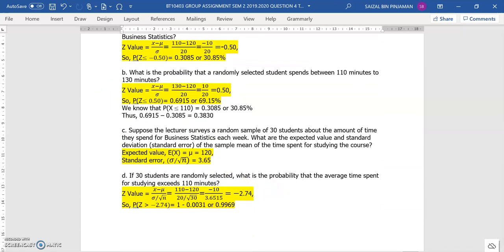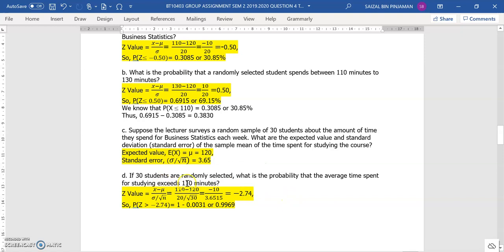If we wanted to answer question A and B, all we have to do is directly translate that the probability is equal to 0.31%. But in this case, you have to read the question carefully, because the question wants you to identify the probability that the average time spent studying exceeds 110 minutes.